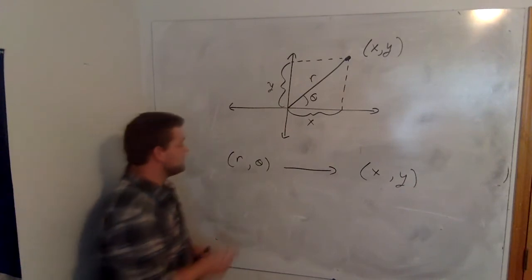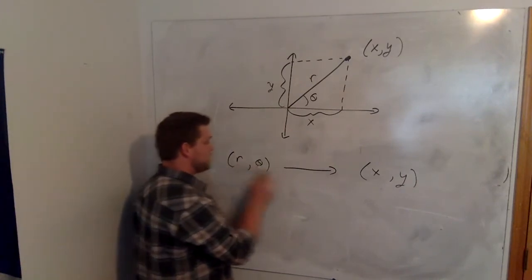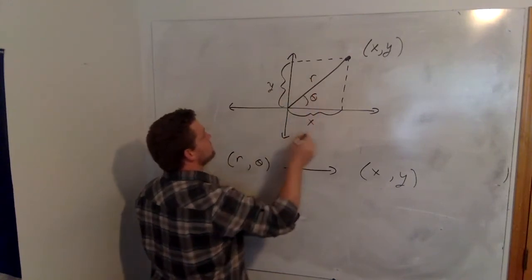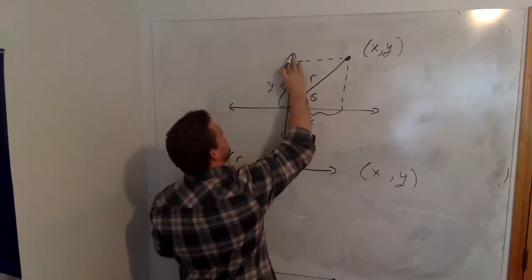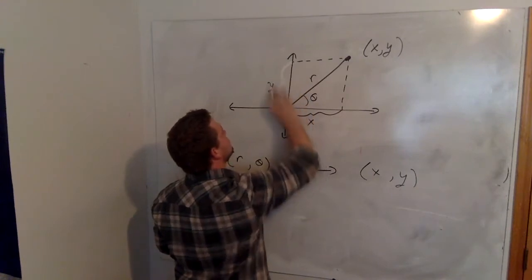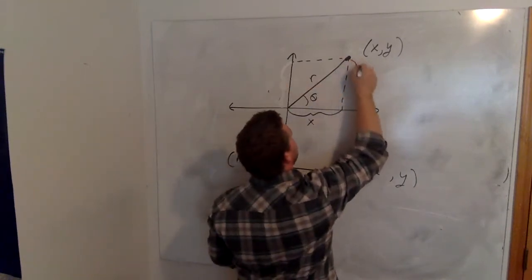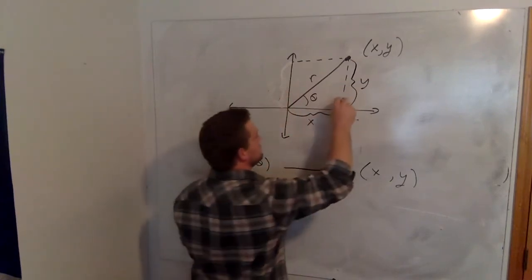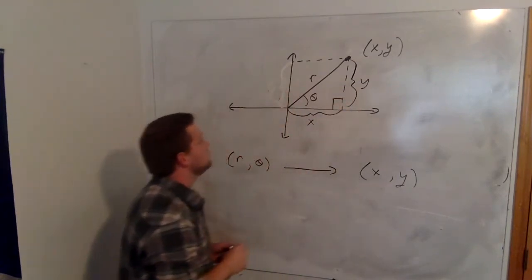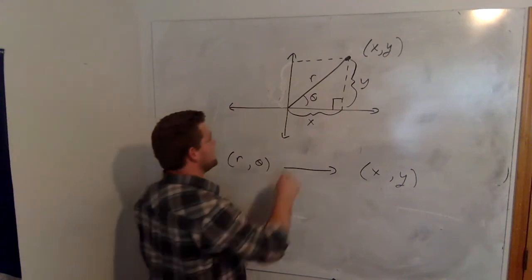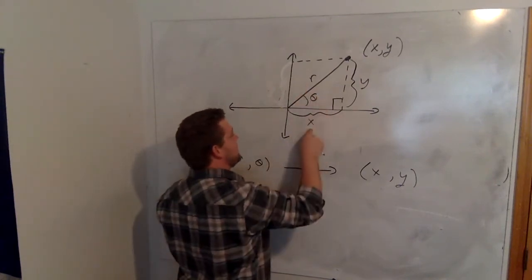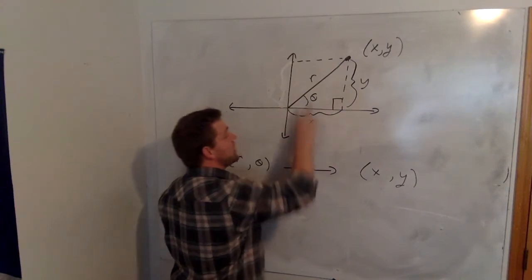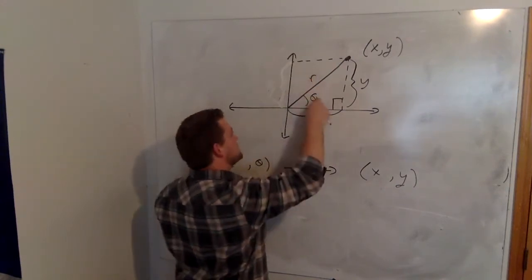So we want to find a relationship between r, theta, and x. Maybe I'll draw this picture differently: instead of putting y here, let's put y right here. So we have a beautiful right triangle. A relationship between r, theta, and x is a relationship between the adjacent side and the hypotenuse and this angle.